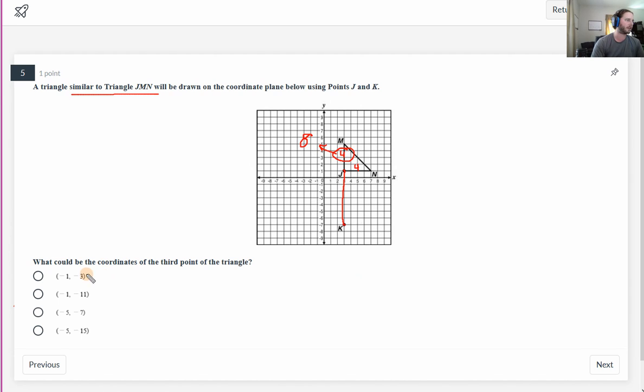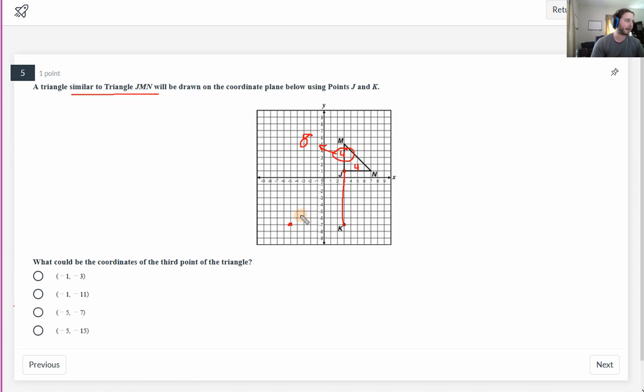The first option is at -1, -3. No, that's laughably different. That doesn't work. So that can't be it. -1, -11. That's not even on the graph. There's no way that could possibly be the answer. The next point is -5, -7. -5, -7 would be about here.